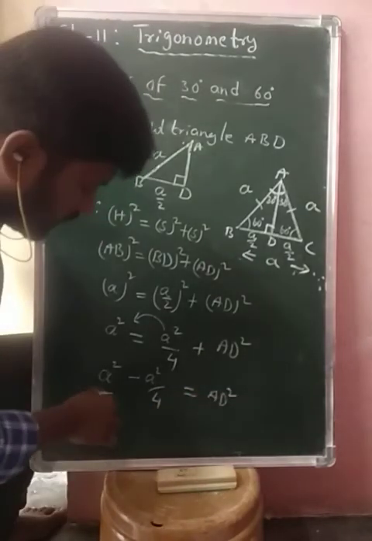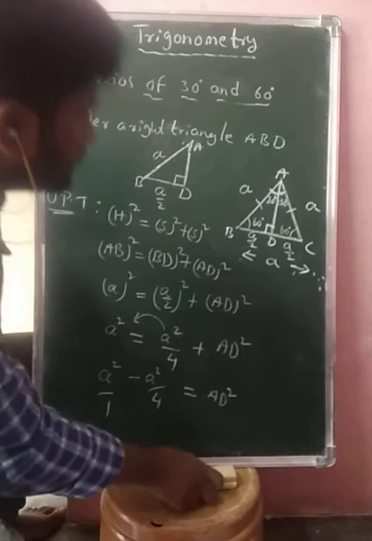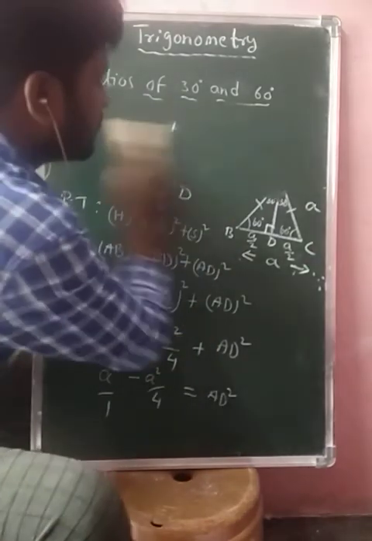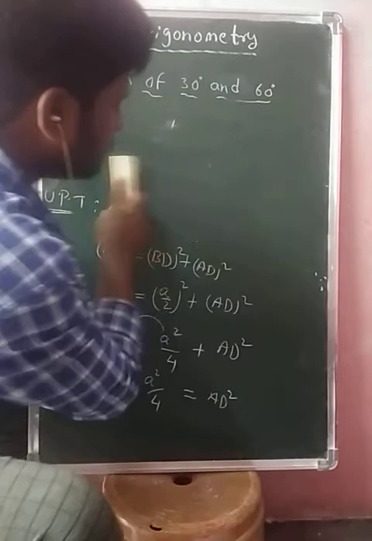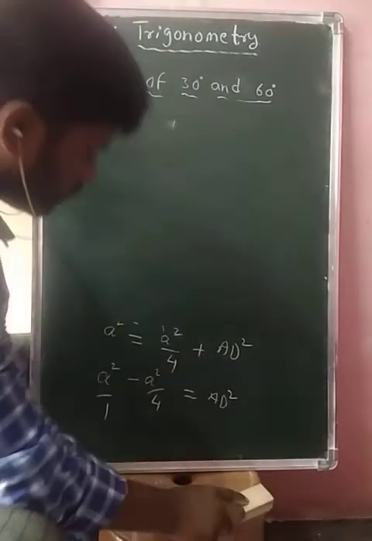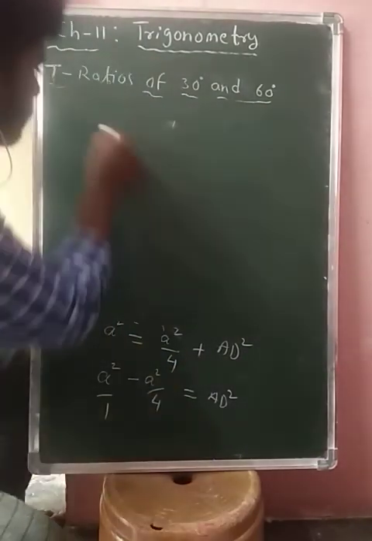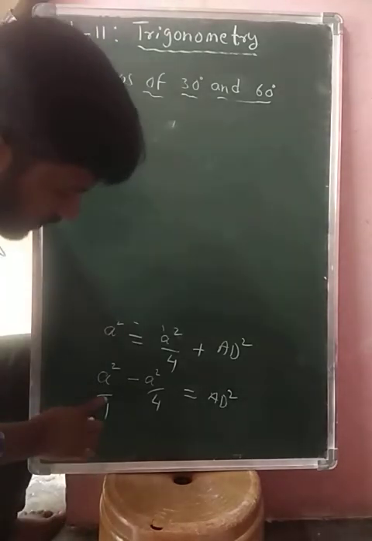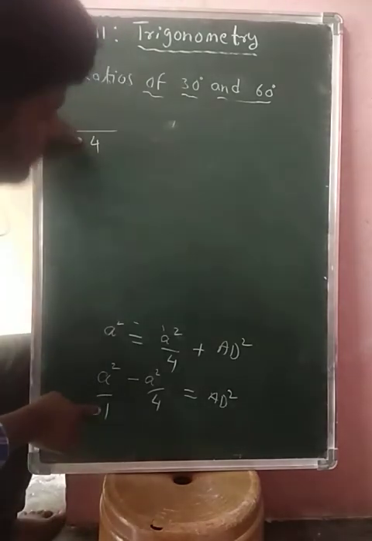Now I am taking the denominator as 1. What is the LCM? The LCM is 4. Here the denominator 1, how many times in this LCM? 4 times.